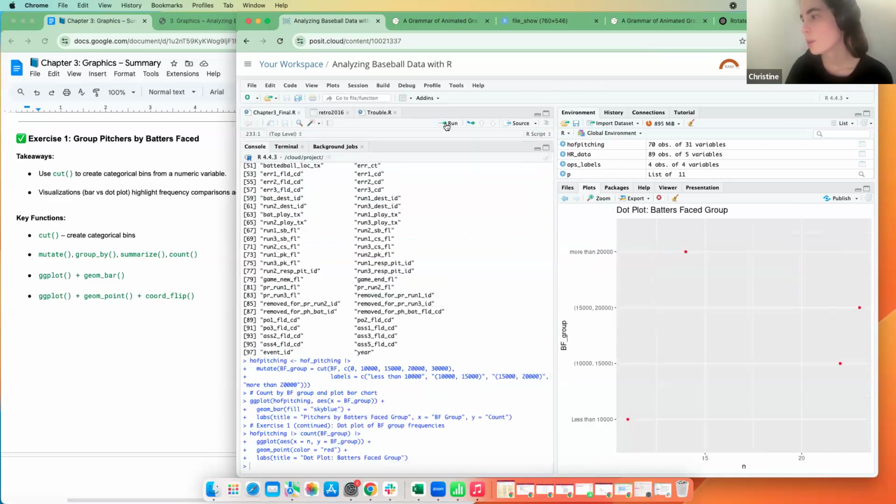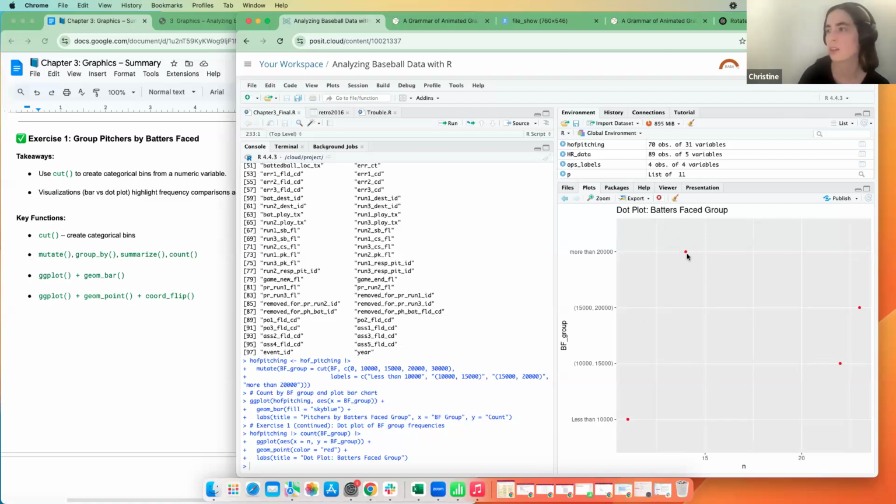I'd be interesting to see, I'm wondering if people in this group just had longer careers. See how our dot plot looks. Interesting. Trying to read this. Yeah, so it looks like a lot of people were sort of in the middle and lower ends.